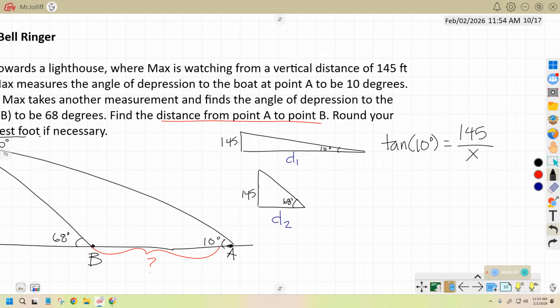Okay, how do we solve for x? Yeah, good. Multiply x from both sides and then divide the tangent from both sides, which means we end up with what I saw in a lot of people's papers. This. Yes? I see some nodding. Was it 822.3?